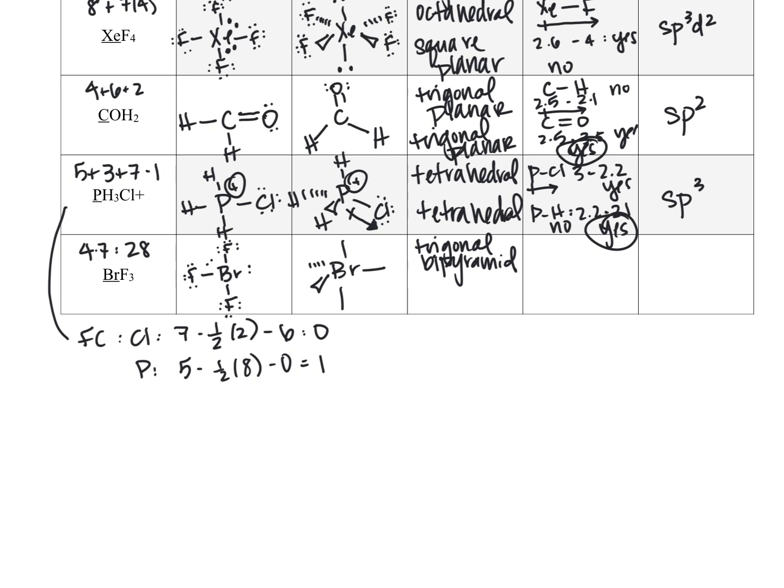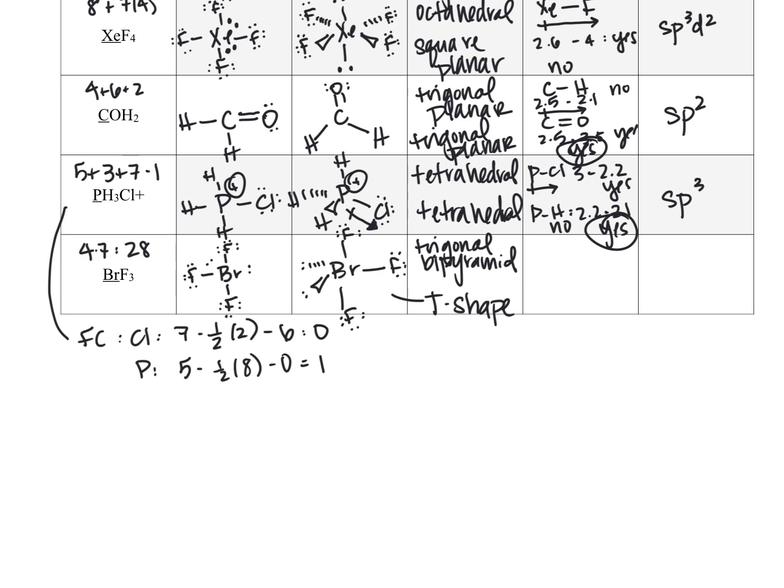In this case, there are actually 2 equivalent structures. And so I will show you both of them. I'm going to start by creating my fluorines here. And so this structure is called T-shape.